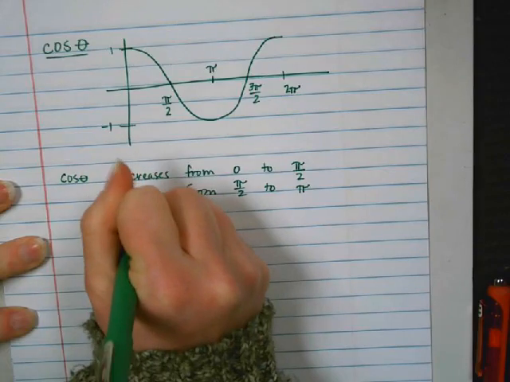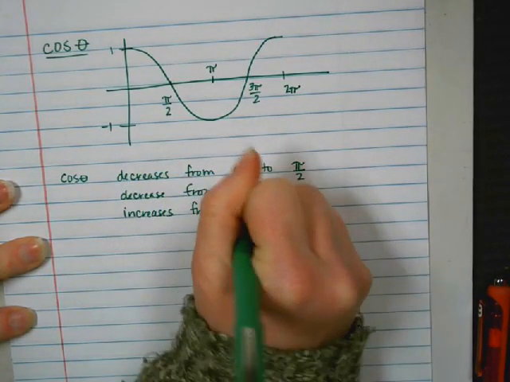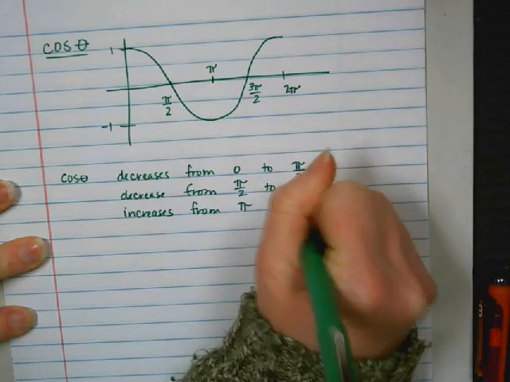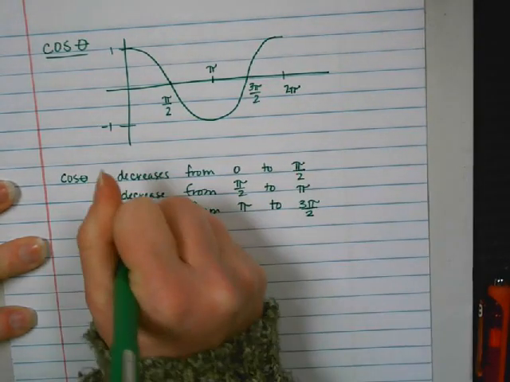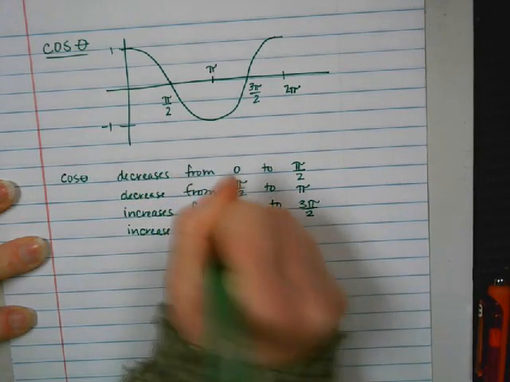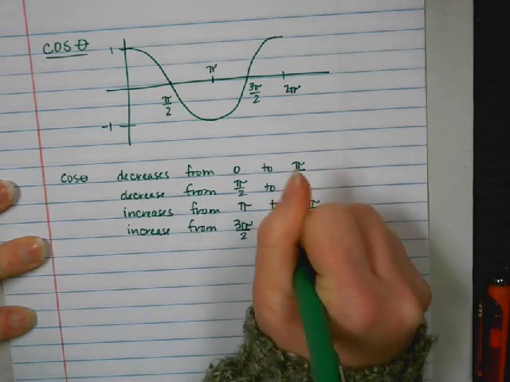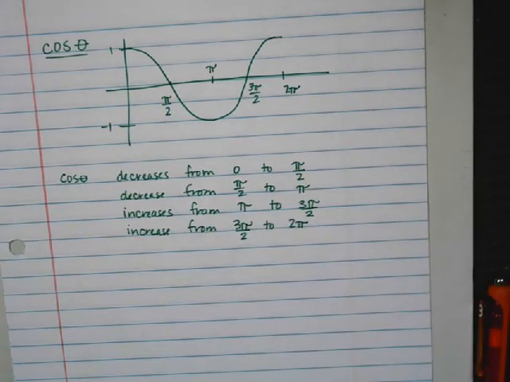Then it increases from pi to 3/2 pi, and it continues to increase from 3/2 pi to 2 pi. They are both continuous. The period of both of them is 2 pi.